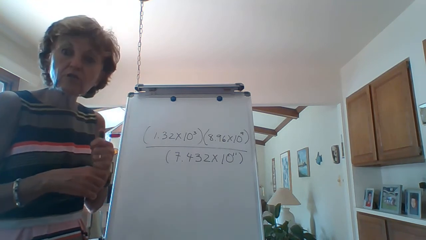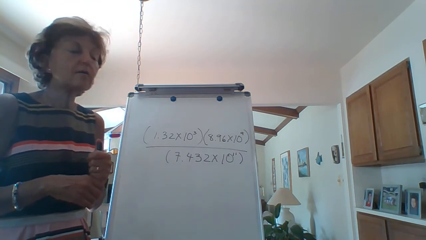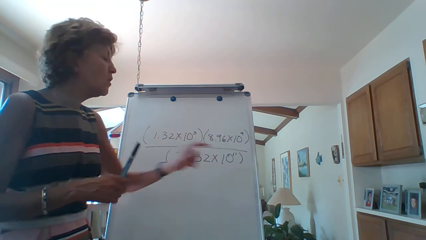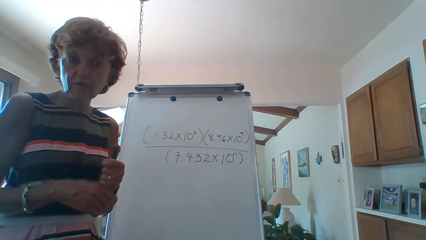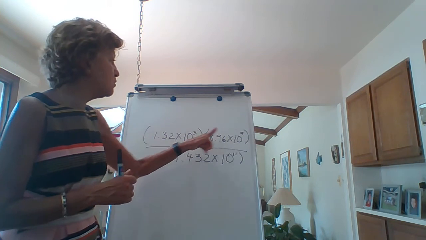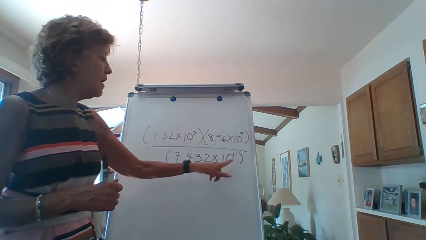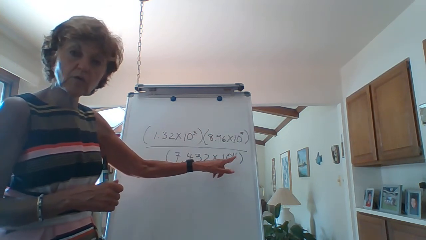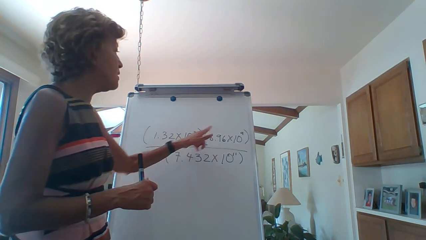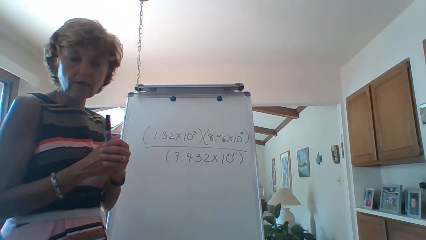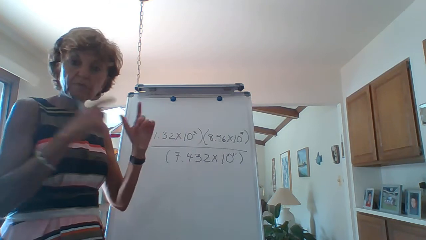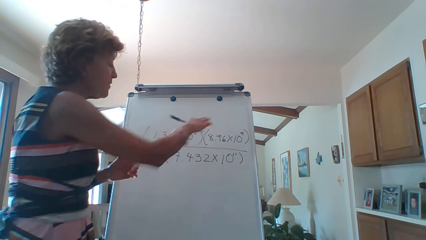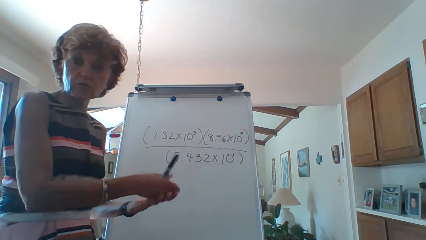What you can do is do the exponents without a scientific calculator if you want. These 2 exponents, you add them, and then you subtract this exponent. So you could go 3 plus 9 is 12. So anything in the numerator, you add, and then anything in the denominator, you subtract.